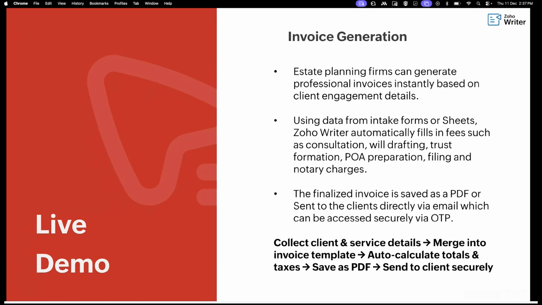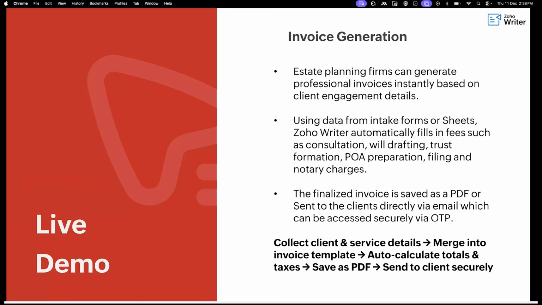And Writer can even calculate subtotals, taxes, and the final payable amount using formulas built into the document. Once the invoice is generated, it can be saved as a PDF or sent to the client instantly, and they receive it in a secured way like OTP protected document sharing.